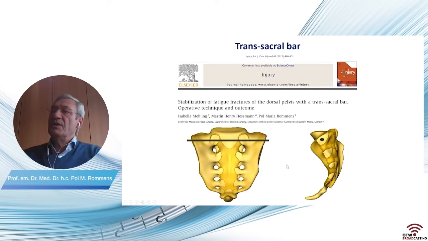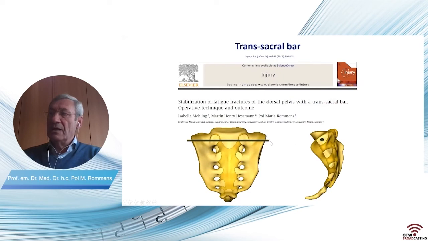In Mainz, in this retrospective time, between 2010 and 2020, we favored a transsacral implant, a transsacral bar. You see here the corridor of S1 in the lateral view, and the bar is this black spot.